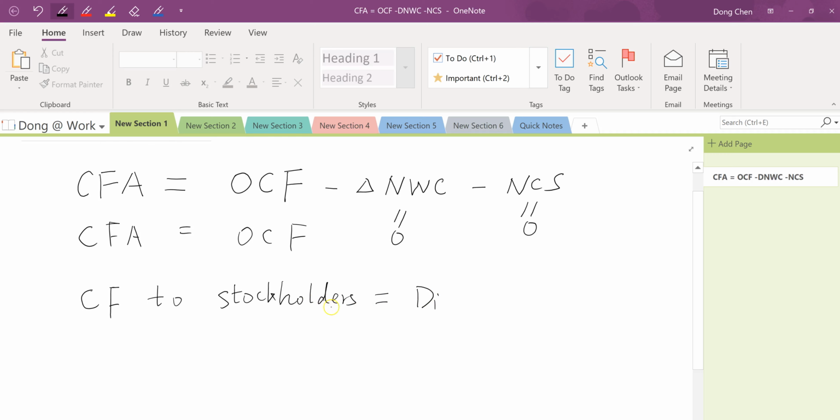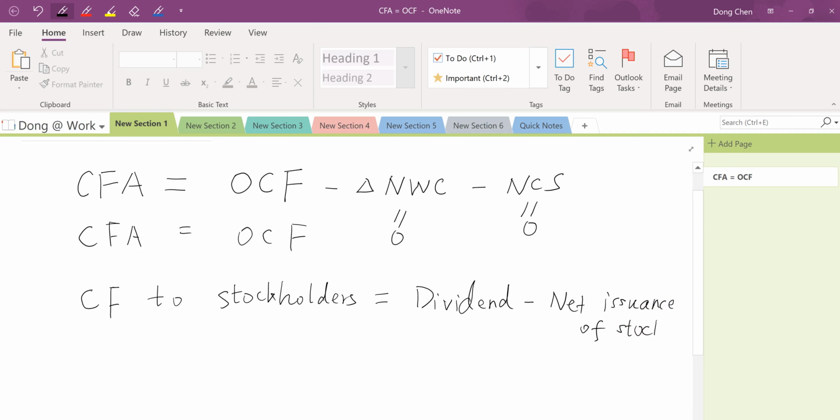This is from a stockholder's perspective. So when the firm pays out a dividend for stockholders, it's positive cash flow. That's why this is a plus. And then there's net issues of stock.